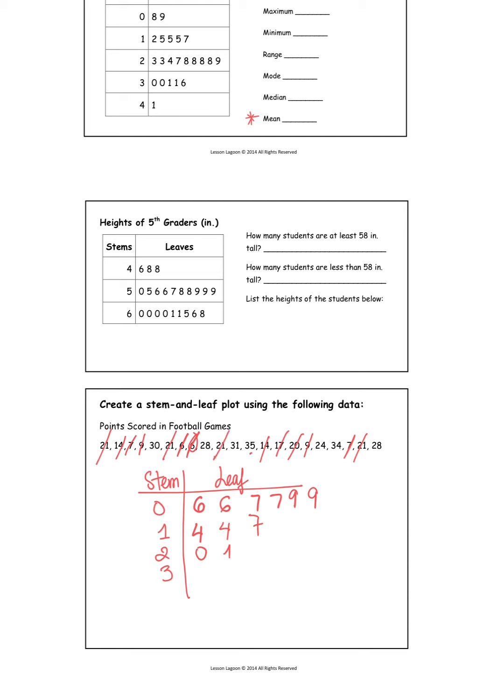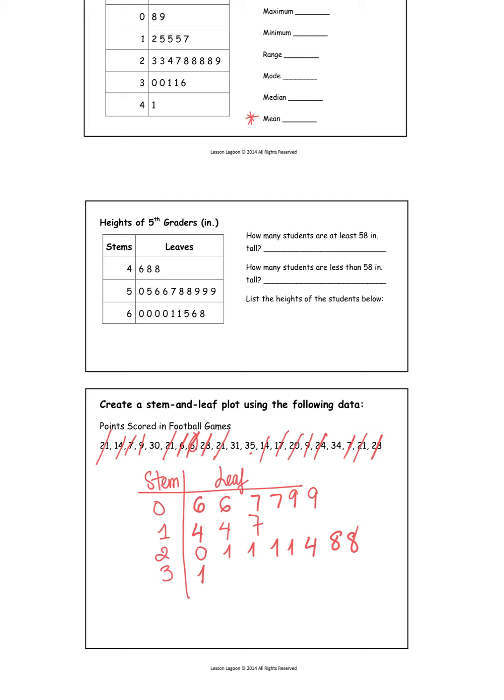So 1, 2, 3, and 4. All right. Then we have 24 and 28. There are 2 of them.